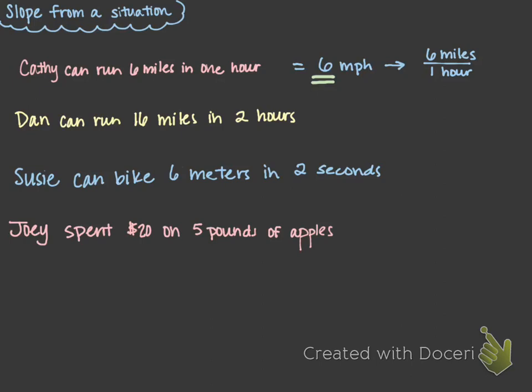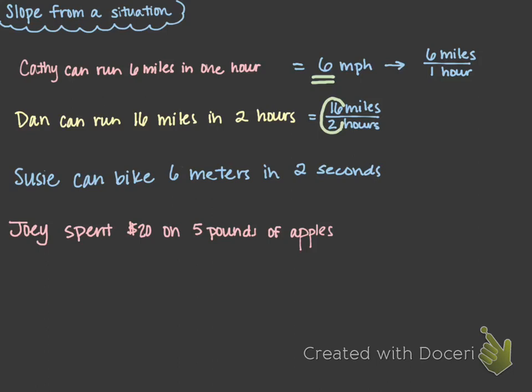All right, now Dan can run 16 miles in 2 hours. So we have, in this case, 16 miles for every 2 hours. We have this nice ratio. And if you noticed, 16 and 2, we can simplify.